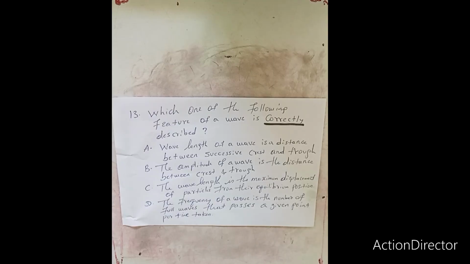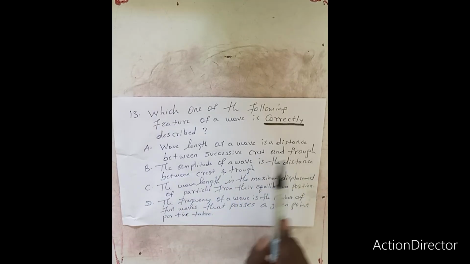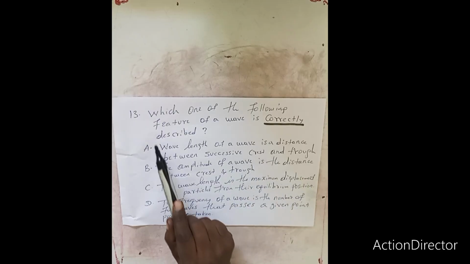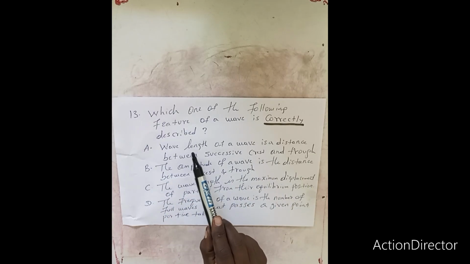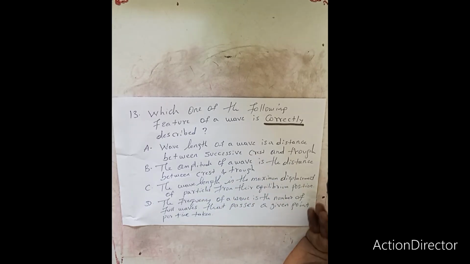Let's see first A: the wavelength of a wave is the distance between two successive crests.